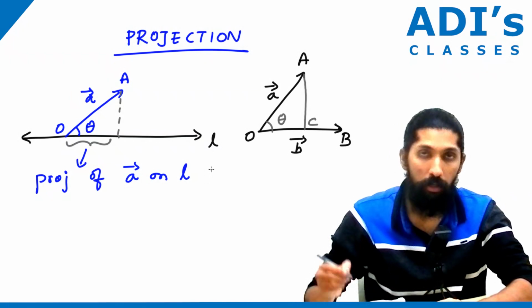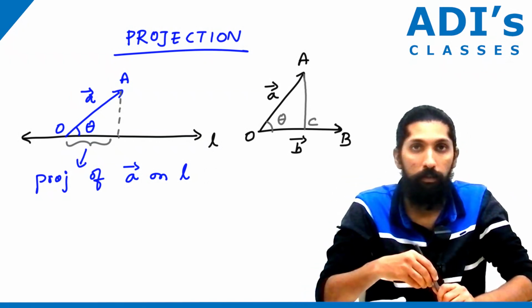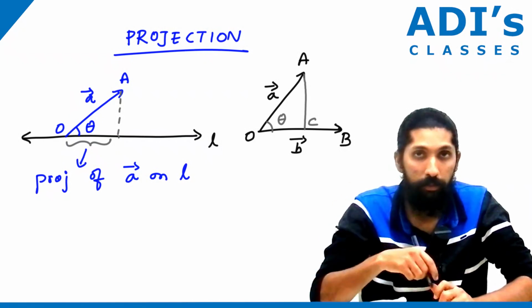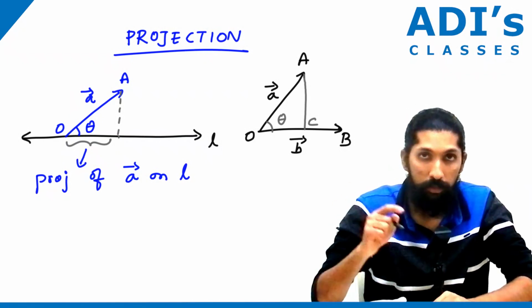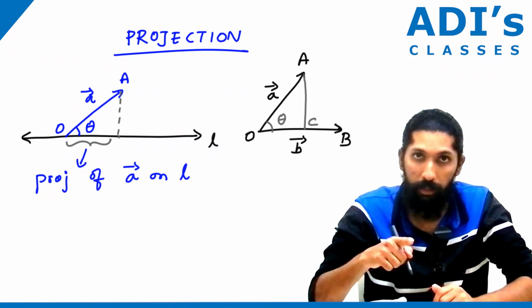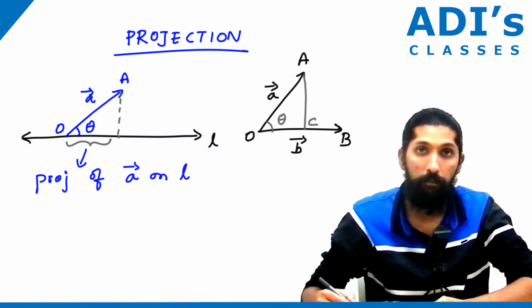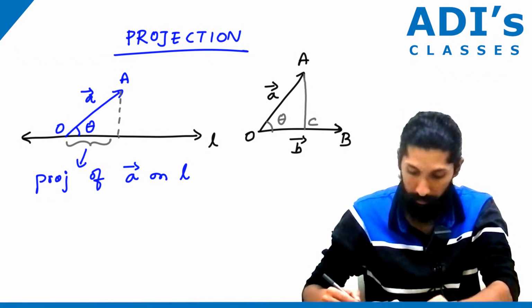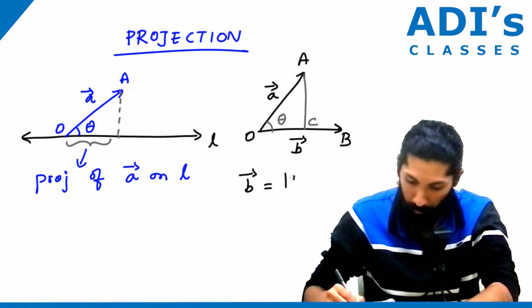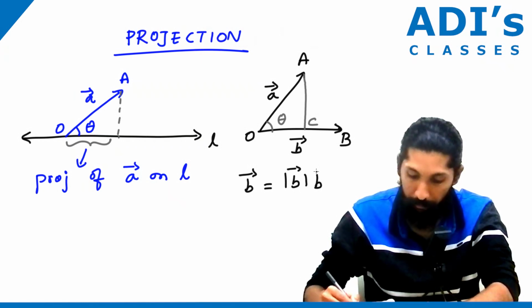That's OC. But what I want you to understand is that OC and OB are collinear vectors, correct? Since they're collinear, their direction is one and the same, the direction of vector B. Vector B can be written as mod of B into B cap.